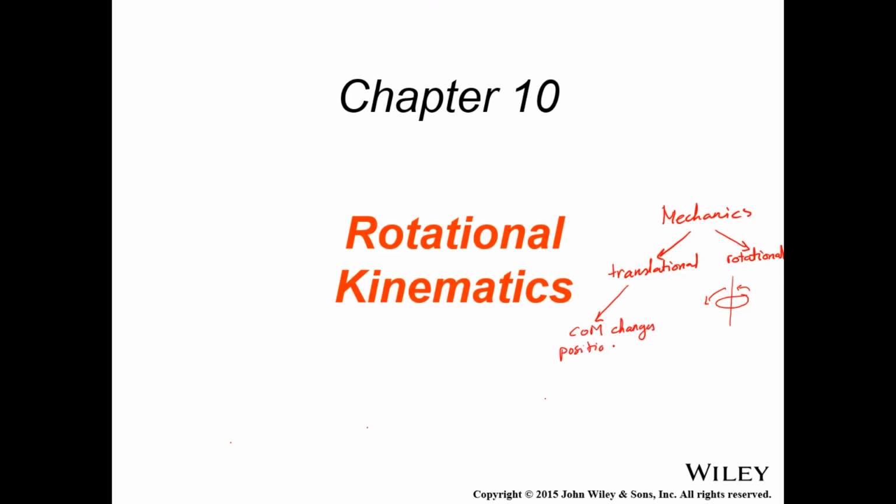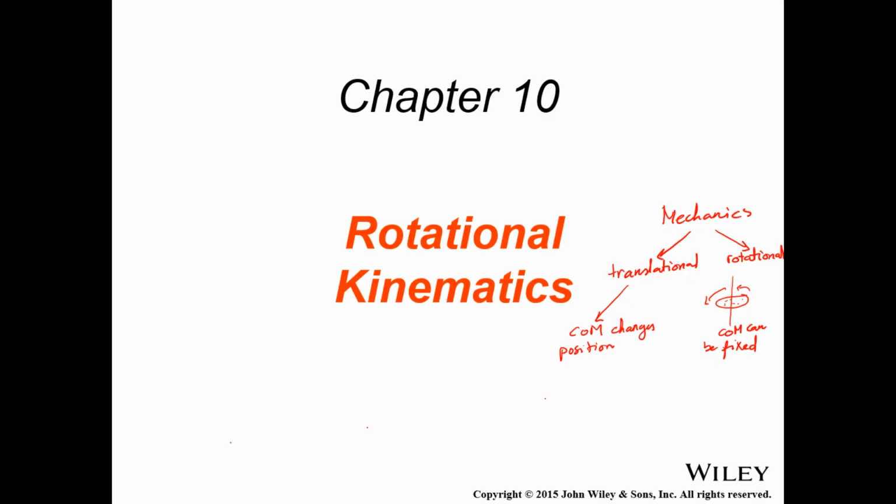In rotational motion, the center of mass can be fixed, but the object itself, points of it are moving around. So different points of this disk are moving around the axis, but the whole disk, if you consider it as a center of mass or if you represent it as a single point, it's not really moving.